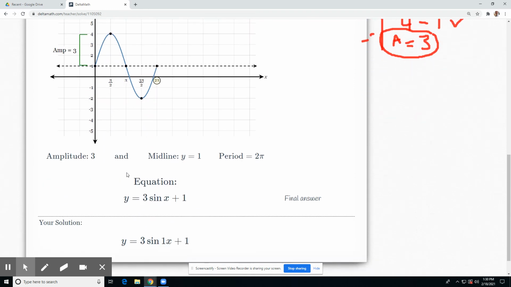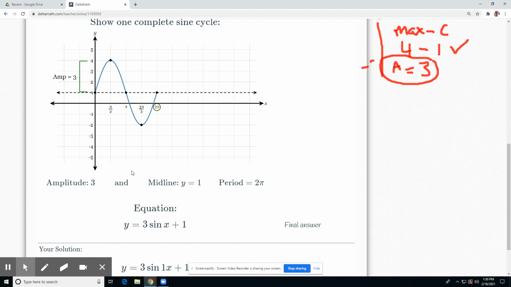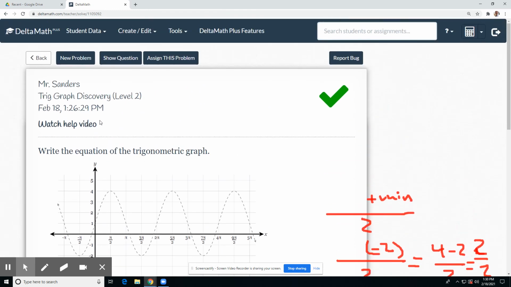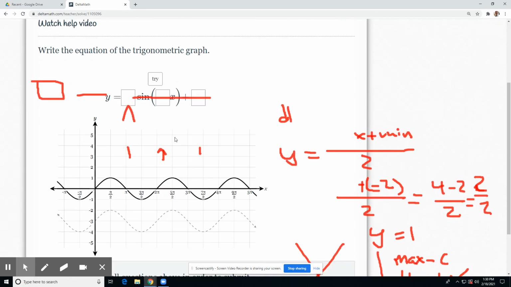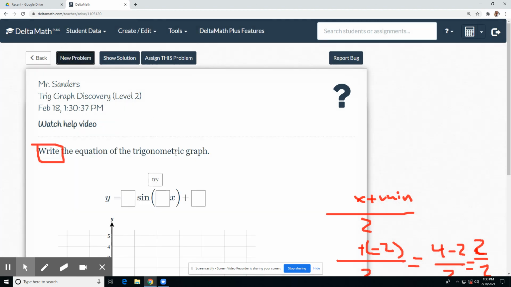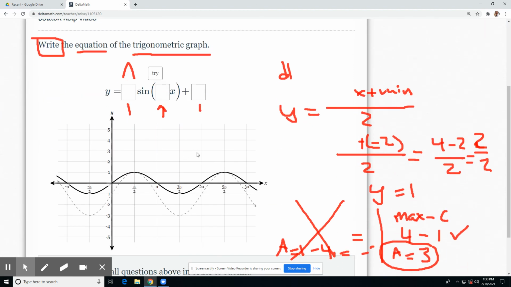They're doing everything the same way. It looks like just examining the period: how long does it take for it to repeat? And this one's the same, and this one's the same. So no change on any of these.